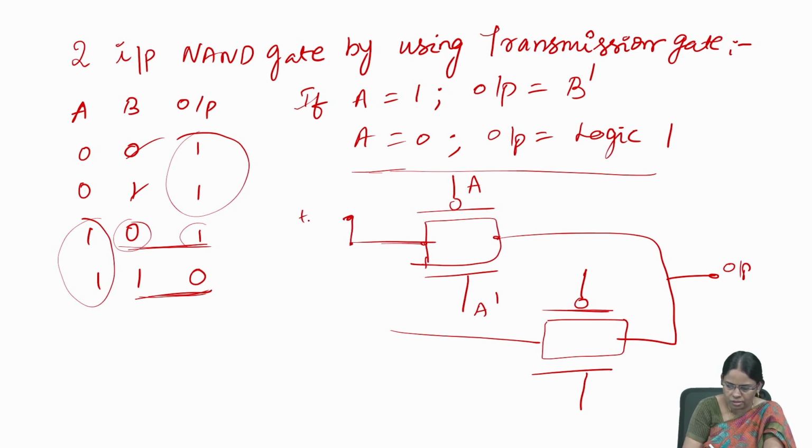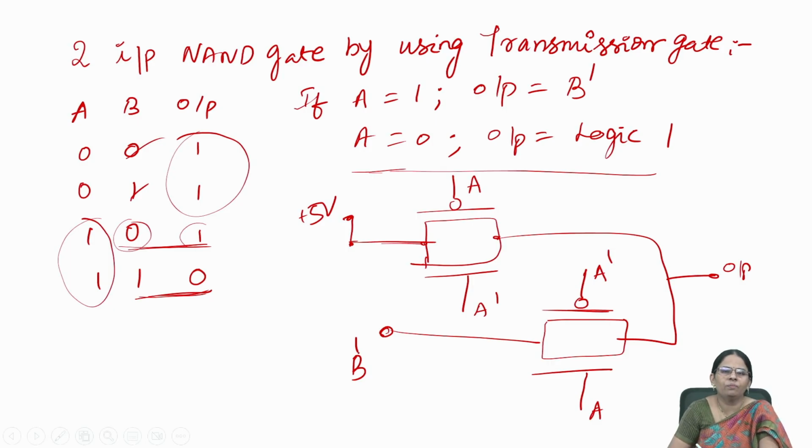For this condition, the output is logic 1. For that you can take plus 5 volts or you can represent it directly as logic 1. And then here A equals 1. A equals 1 means this should be A dash and this should be A. Why? Because this NMOS transistor is on for A equals 1. At this condition, my output is B dash.